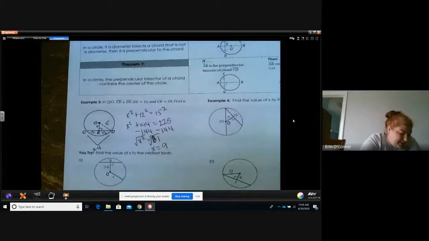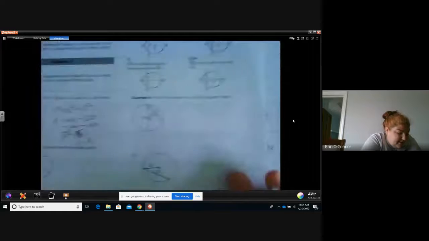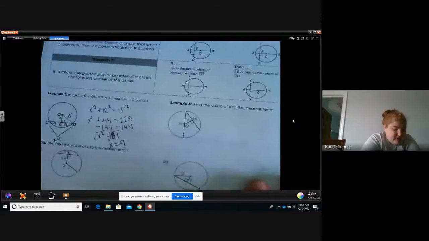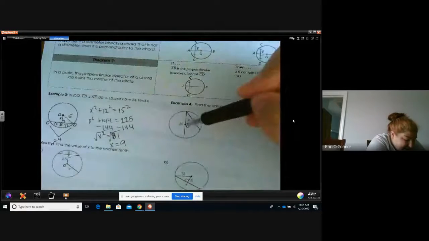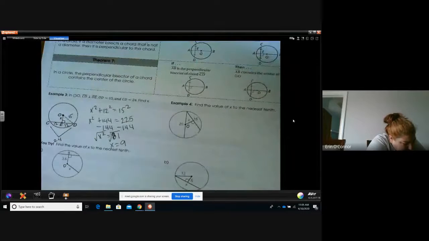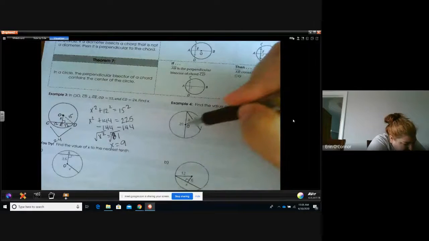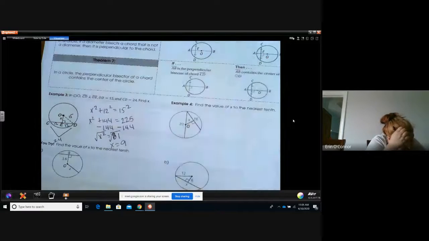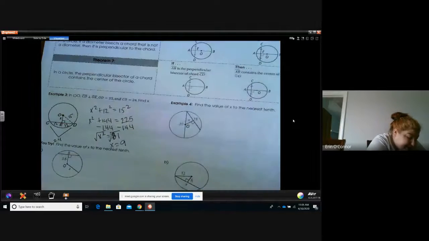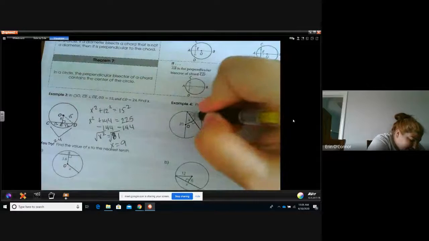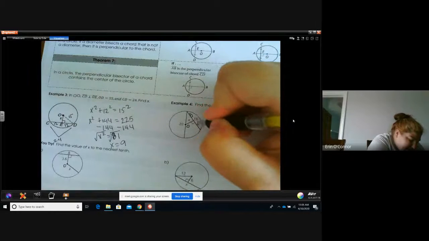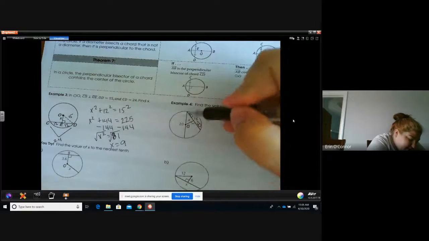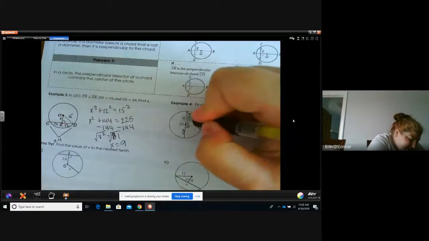Okay. Example 4. Find the value of x to the nearest tenth. Well, this is the diameter. We have a line coming across. It's 90 degrees. Since it's 90 degrees against this chord, we know it bisects it. So if it bisects it, that means this is 8 and this is 8. This whole diameter is 20, which means this is 10, this is 10.